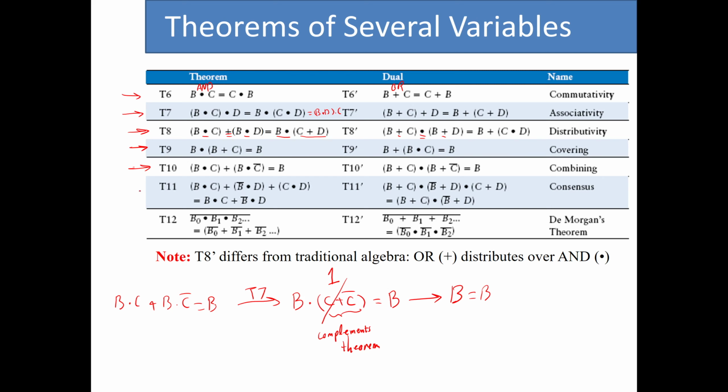We have T11, which is called the consensus theorem. It is a bit more complicated than the previous one because now we have 3 variables. So let's just quickly go through the proof. For this one, I use perfect induction.